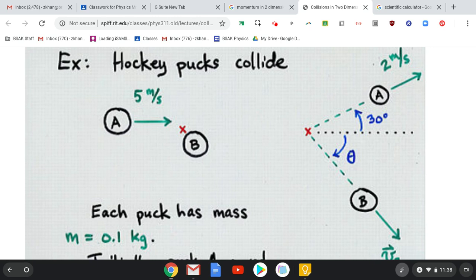So, moving back to the example. We've got object A moving towards object B. Object B is not moving, and object A collides with object B. Both pucks have the same mass of 0.1 kilograms. Puck A moves off at 2 meters per second at an angle from the horizontal of 30 degrees.